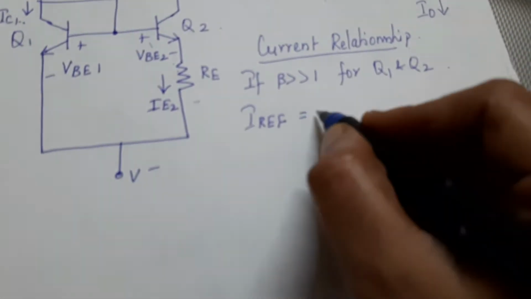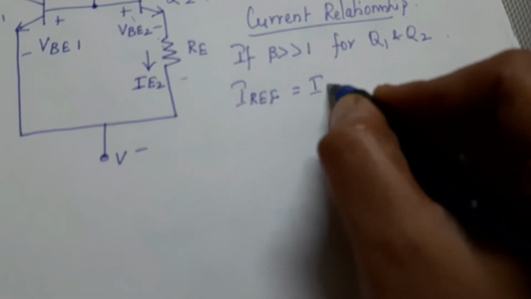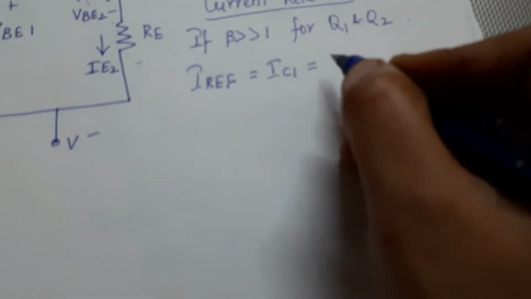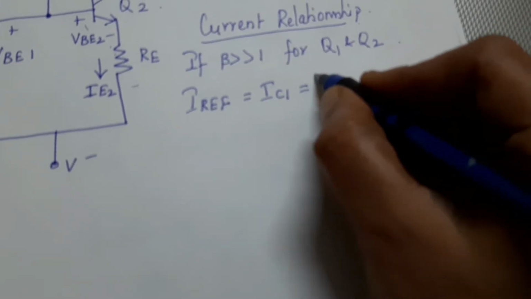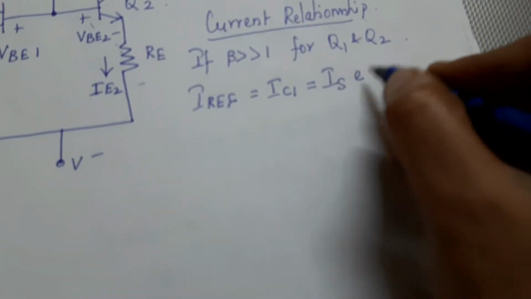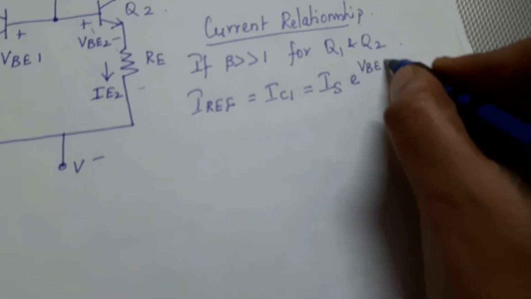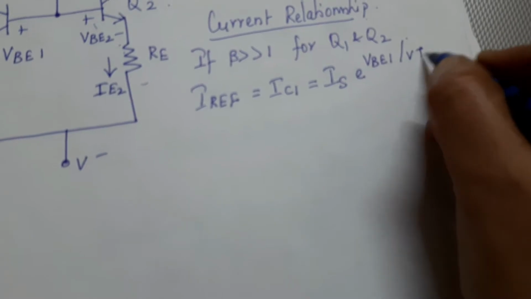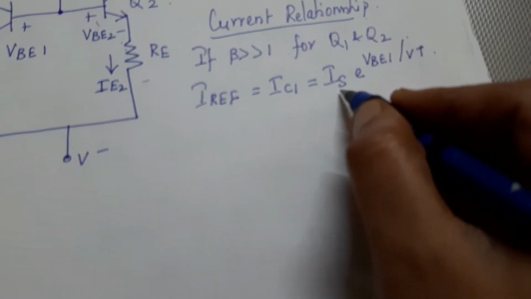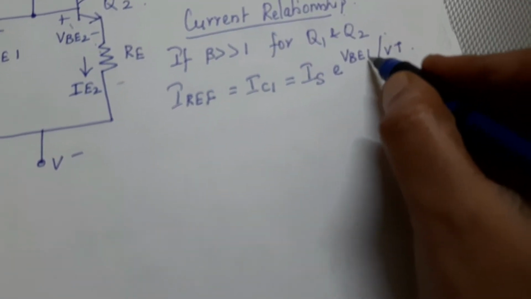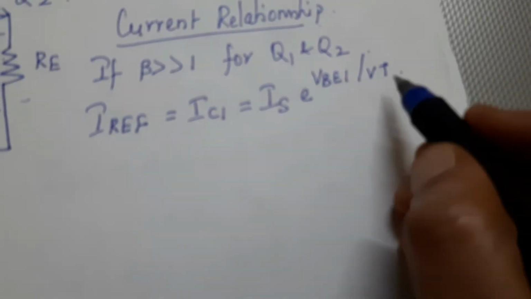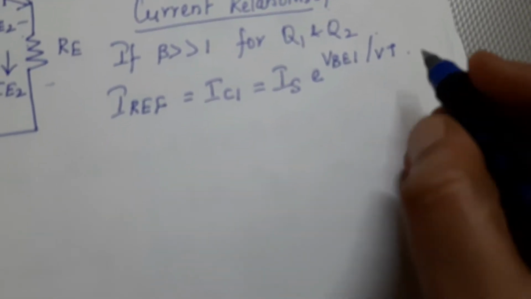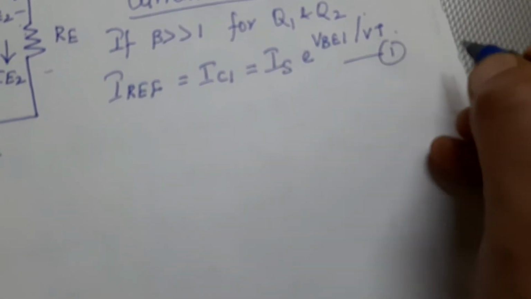So I reference is equal to IC1, which I write in terms of saturation current: IS e to the power of VBE1 upon VT, where IS is the saturation current, VBE1 is the base emitter voltage across transistor 1, and VT is the thermal voltage. Let this be equation 1.